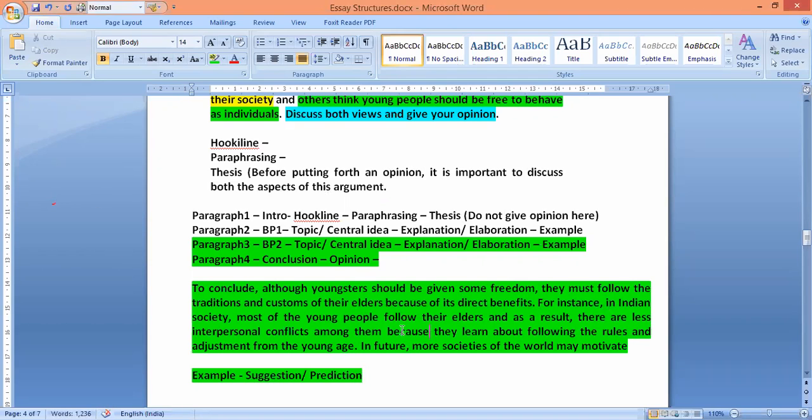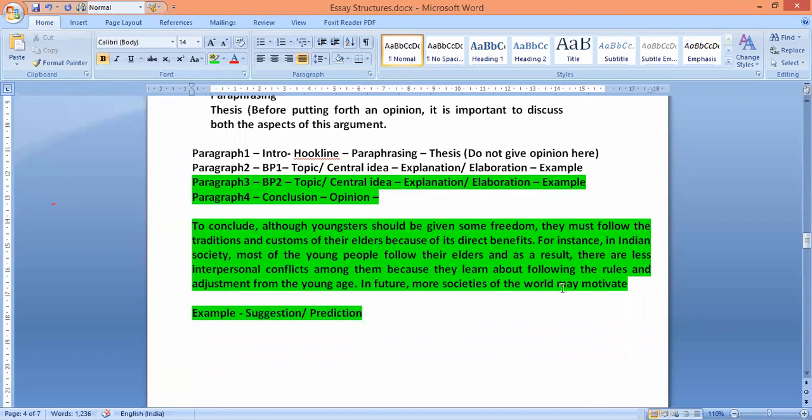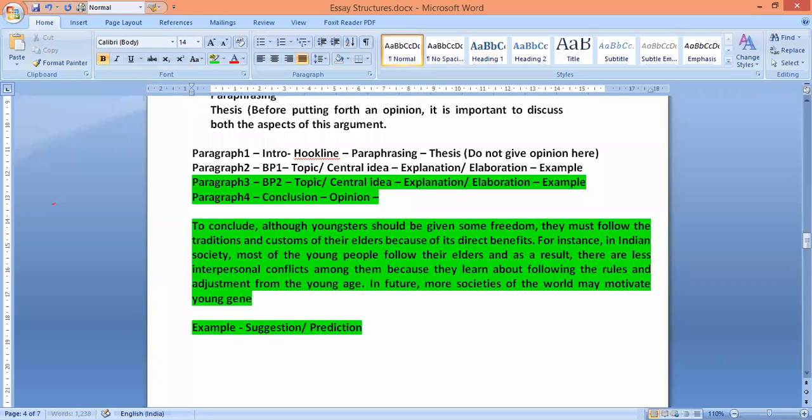This can be your conclusion. Most of the world may motivate the young generation. So this can be your conclusion for this question.